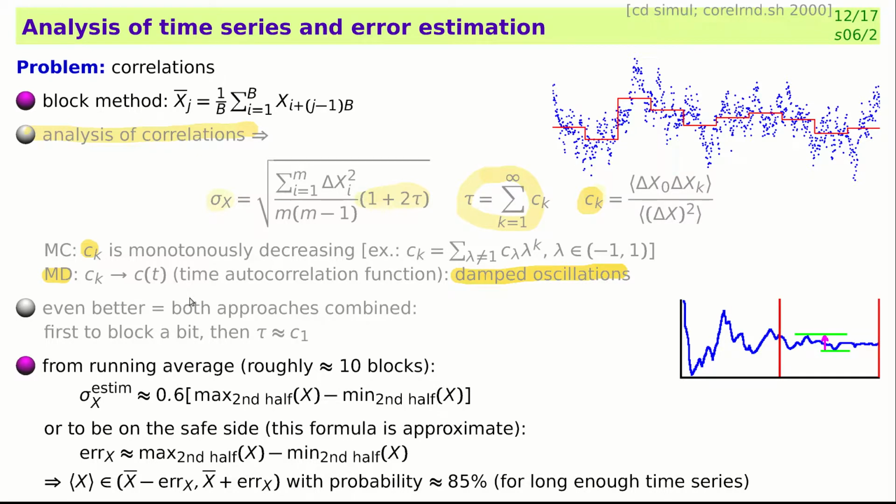There is another quite simple method, which is essentially pretty equivalent to the block method using 10 blocks. It is a graphical method, and it is based on the running average or the cumulative convergence profile.